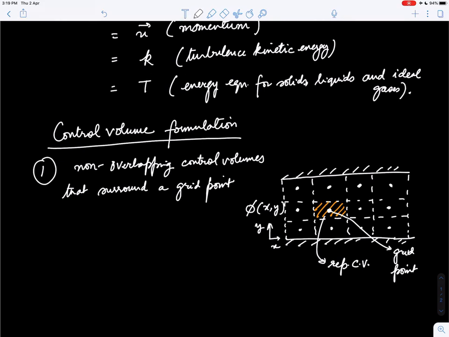That is the first concept in the finite volume method.